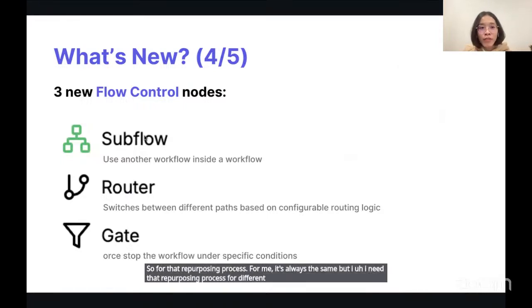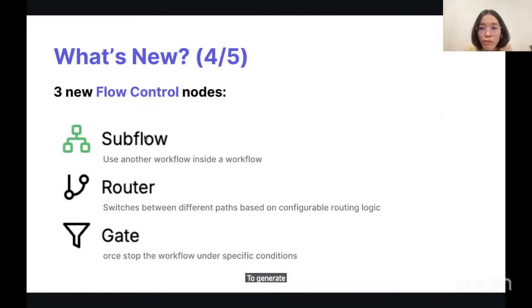So I have a workflow to generate a blog post, and then repurpose that blog post. I will need the repurposing process for that workflow. And then I have another workflow to generate a YouTube video script, for example. I will also need the repurposing process for this workflow.